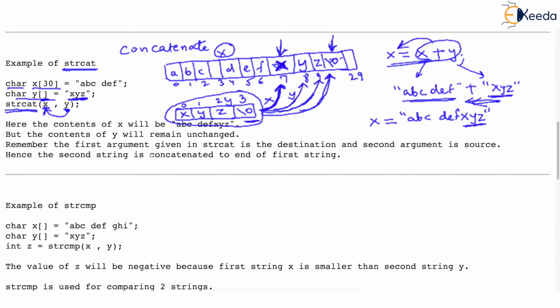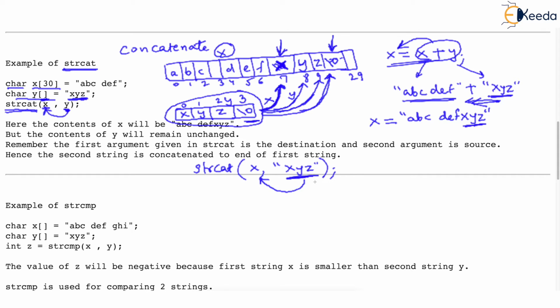Okay. Now just have a look at this statement. Suppose I would have written strcat(X, "XYZ"). Now you know how to read it. This string XYZ will be added to the end of X. So if X was ABC space DEF, then the new content of X will be ABC space DEF followed by XYZ.